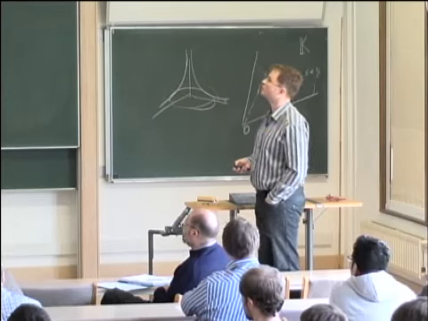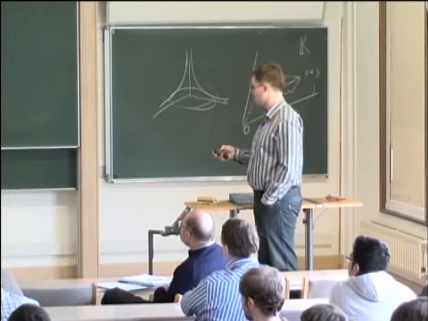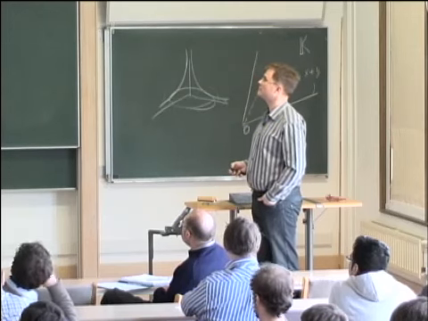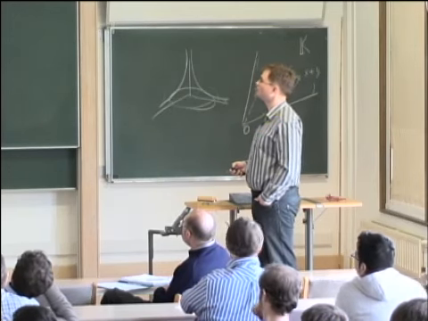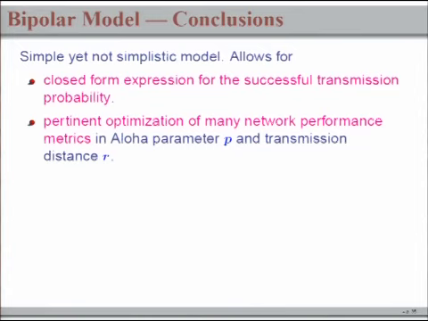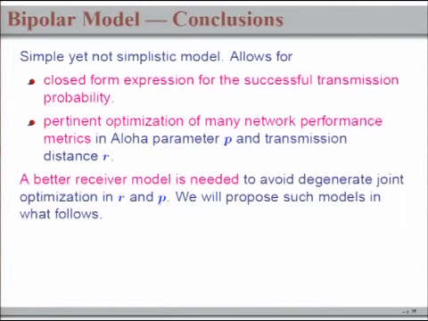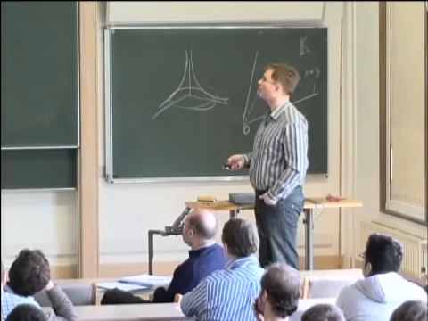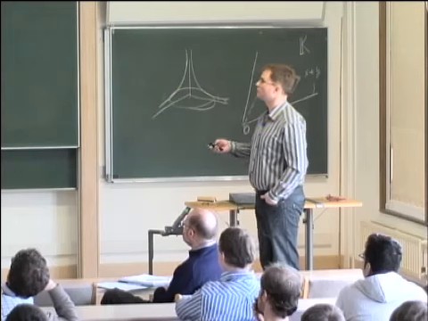We are able to obtain closed expressions for the successful transmission probability, which is the first step when studying pertinent optimization problems for the network regarding the progress, the density of communications, and things like that. A better model is needed just because this model is kind of silly, with these satellite receivers around the emitter, but I'll show how to do it in the next part.